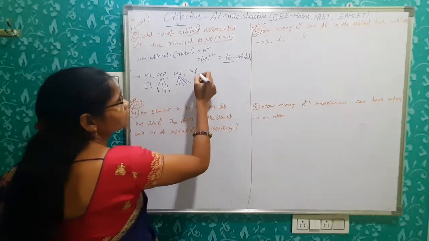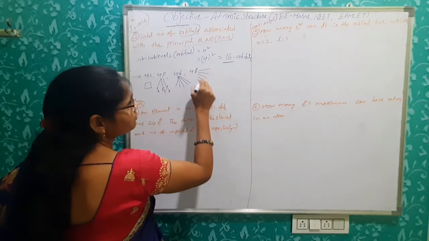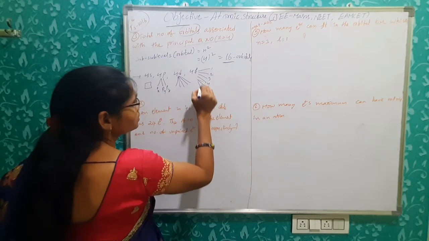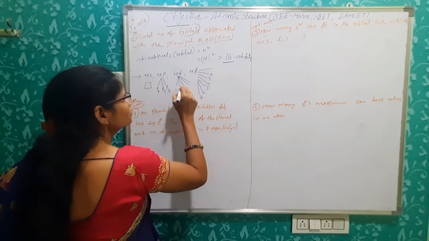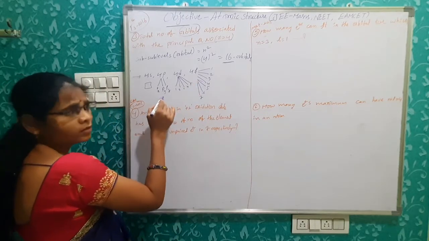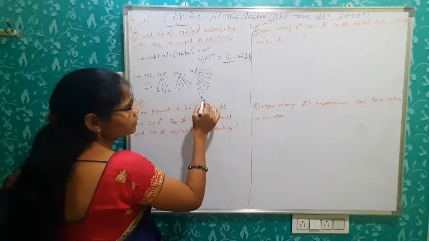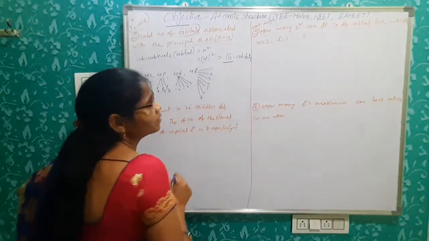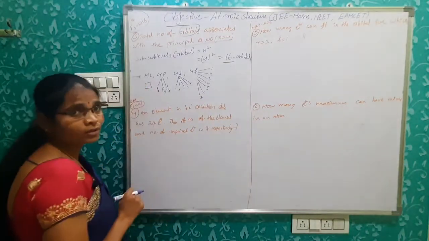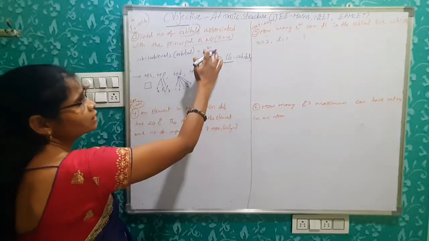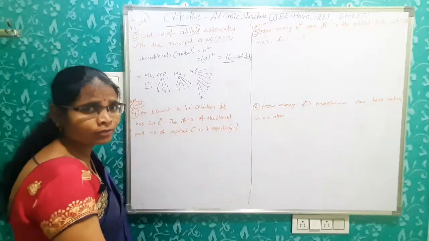F orbitals we know very well, 7 degenerate orbitals. So 1 plus 3 is 4, plus 5 is 9, plus 7, 16 orbitals. Clear? You have to know like this. Otherwise simply n square is equal to 16 orbitals, enough.